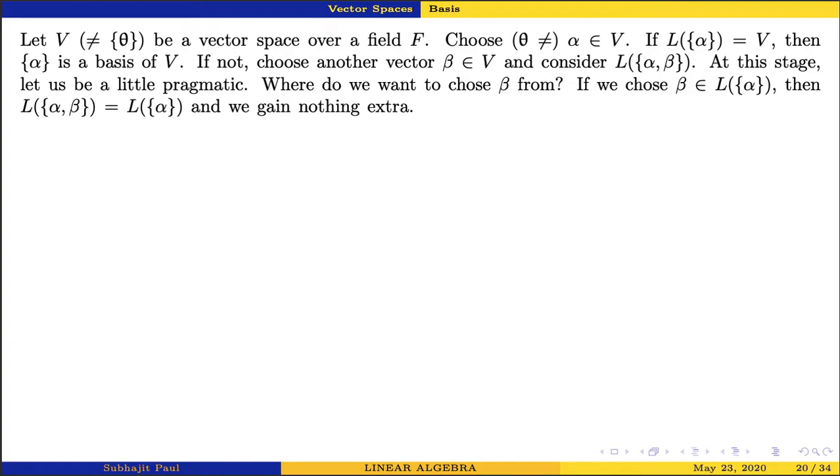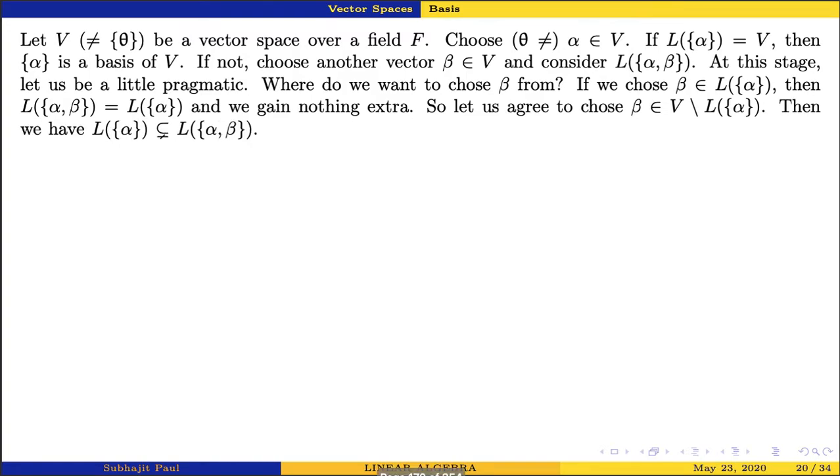If I choose beta from the span of alpha only, then the linear span of alpha, beta will not give us anything extra. That will be the linear span of alpha only, and we gain nothing. So let us agree to choose beta from outside the linear span of alpha. Since we are assuming that alpha does not span V entirely, there are definitely vectors outside of the linear span. So choose one from there.